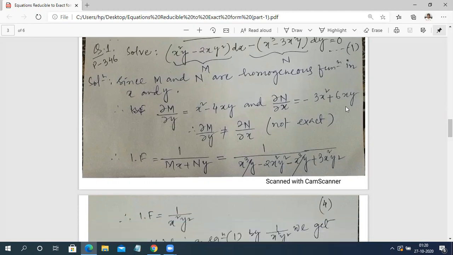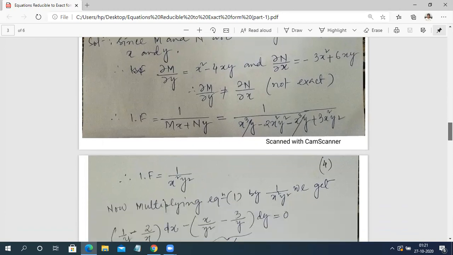That means you have to multiply x with the term m and y with the term n, and then add this mx and ny. After adding those terms, we'll have the integrating factor as 1 upon x square y square.